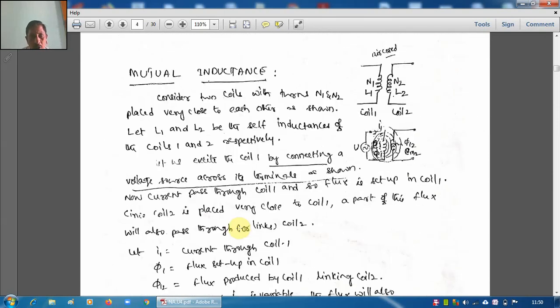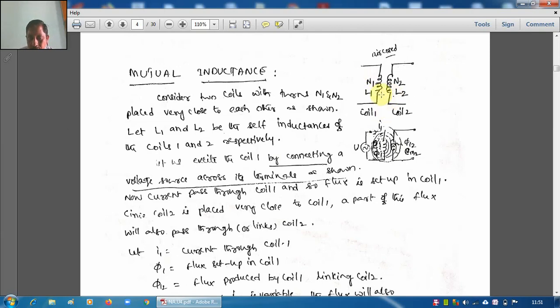Now we will go to the mutual inductance. The term mutual is generally referred to another coil. You can have an example. Mutual inductance. If there is a student, if he is a good student, then another student who is close to this student will also automatically become good.